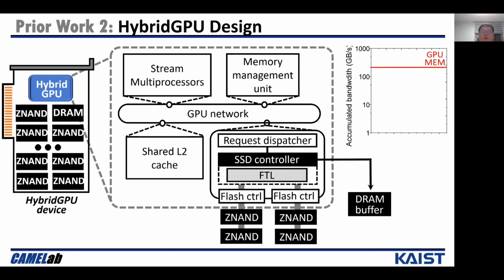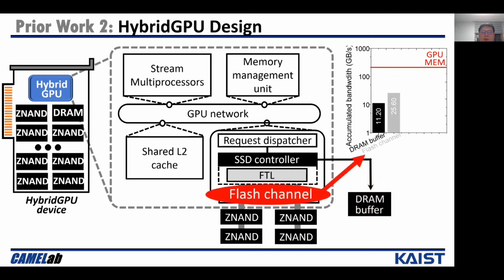We analyze the performance of each component in the SSD. Since the hybrid GPU only employs a single DRAM buffer, it can only provide 11.2 GB/s throughput. The flash channel is initially designed for slow devices, so 8 flash channels can deliver only 25.6 GB per second bandwidth in total.